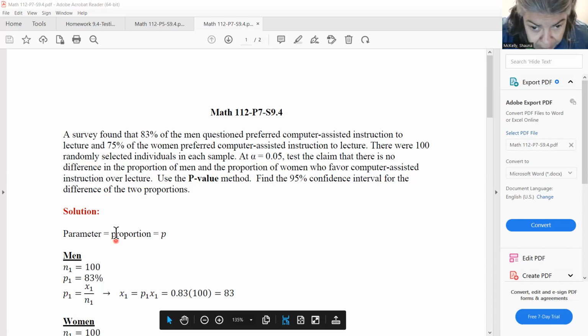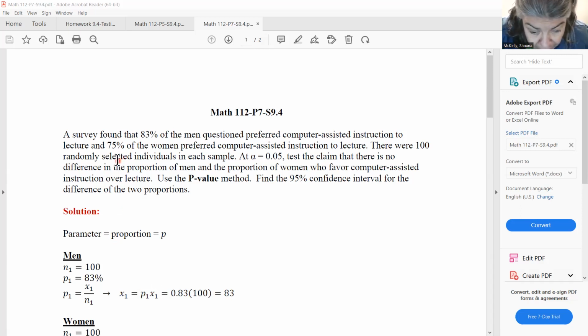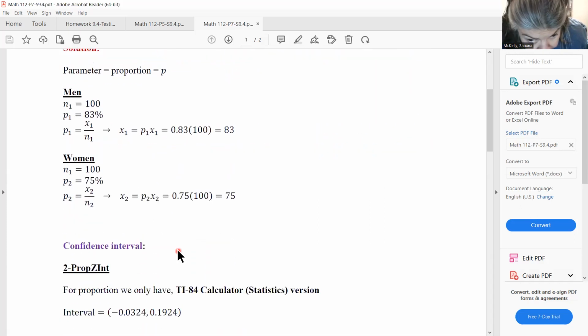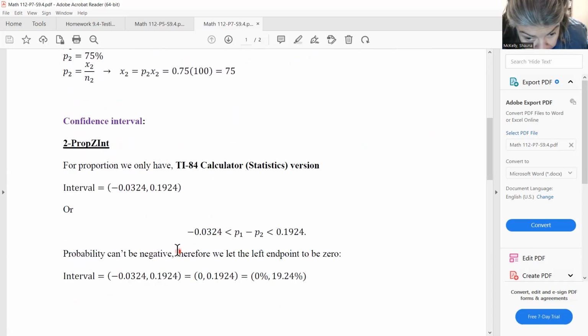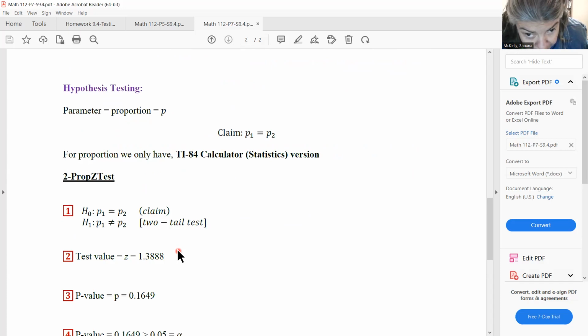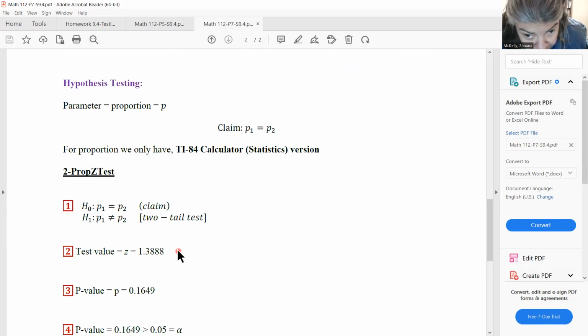So we have the percentages, we have the numbers here, right? And we have it for the women as well. So here's your hypothesis test, all right? So we're going to do a proportion, P, and here's my steps.